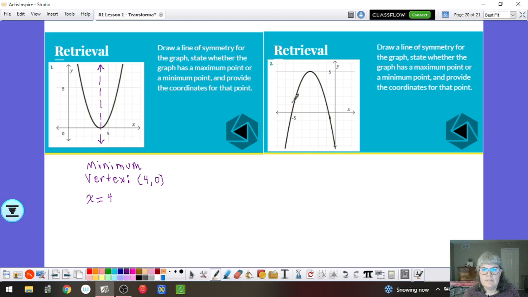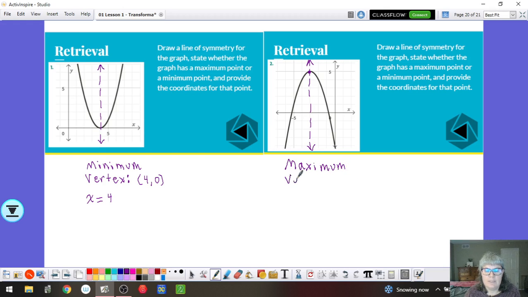When we look at this second curve, it increases and then decreases. So our vertex is up here. Line of symmetry is drawn right through it. It's a vertical line. This vertex, we said, because it's at the top, is going to be a maximum.